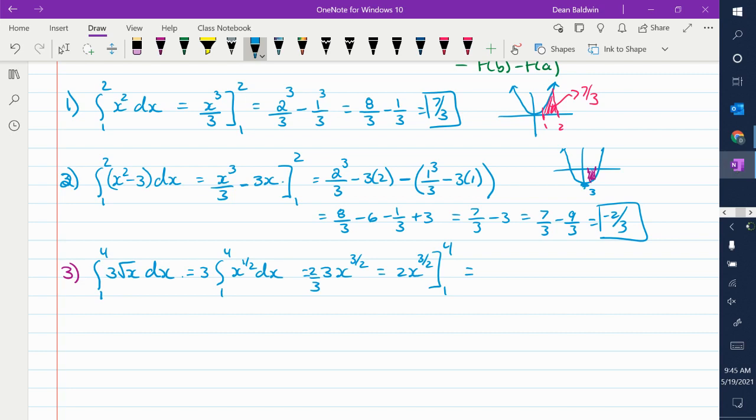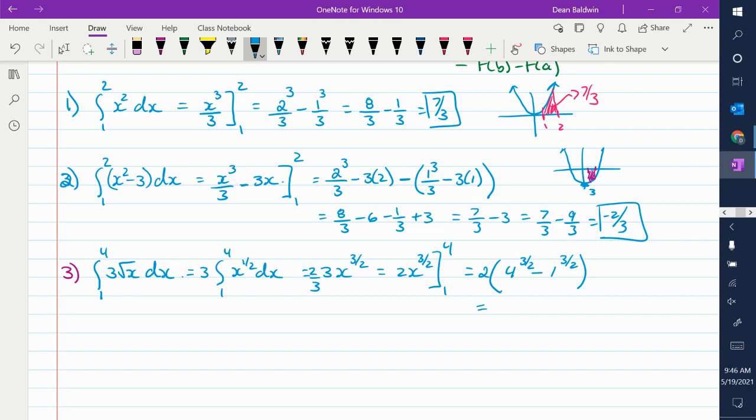You can pull the 2 out or you can leave it in. It's up to you. So you could write 2 and then go 4 to the 3/2 minus 1 to the 3/2 like that. Or you could have the 2 with both of those. It doesn't matter. What does power of a half mean?